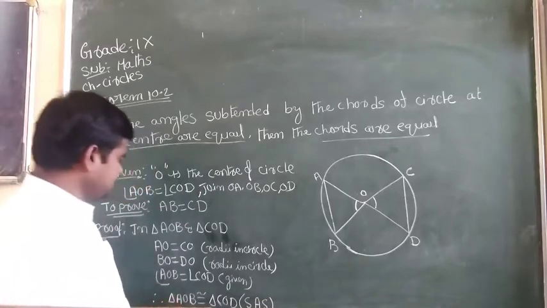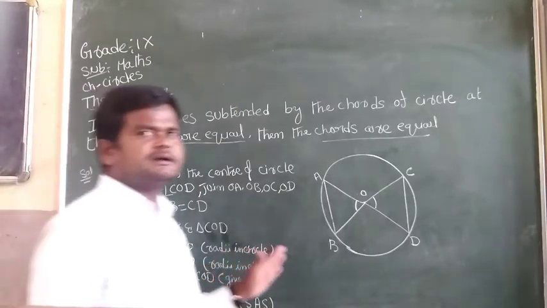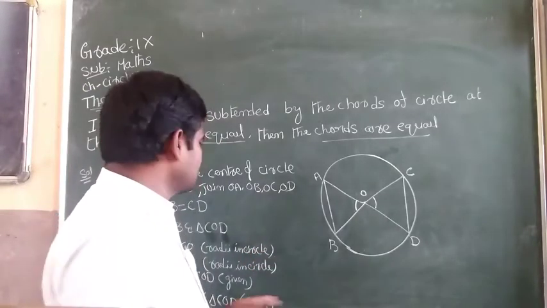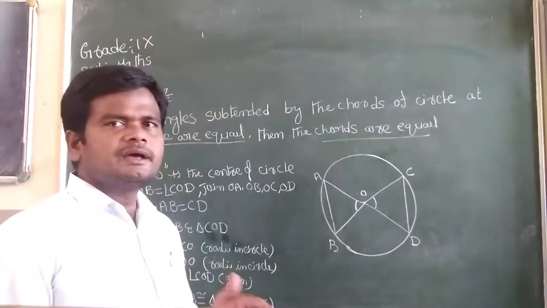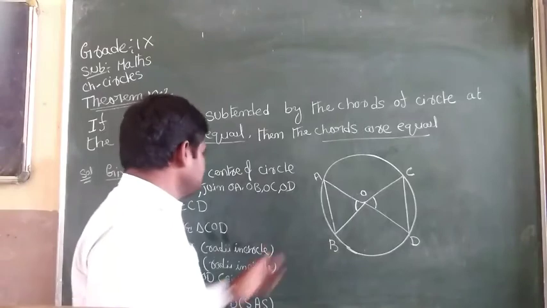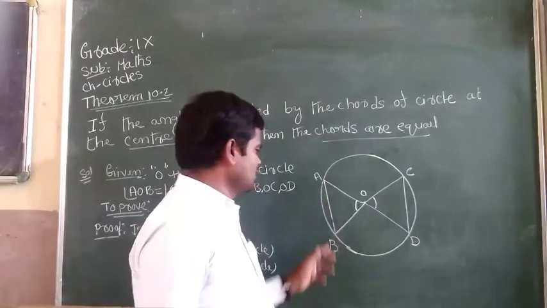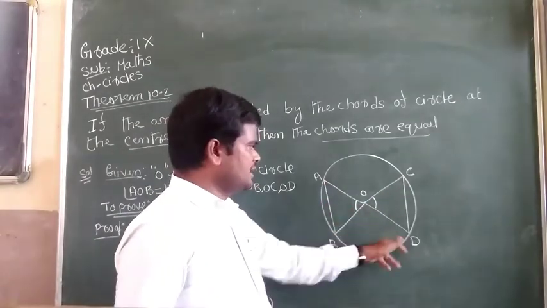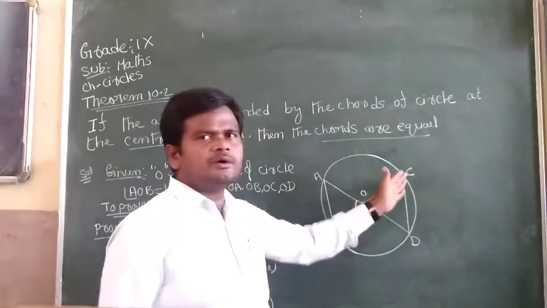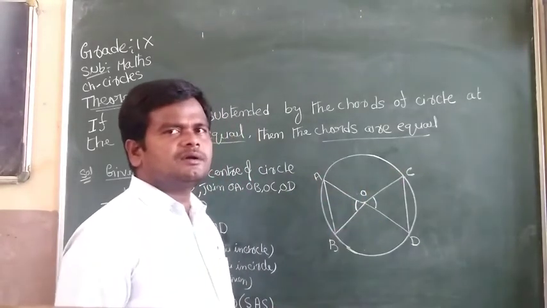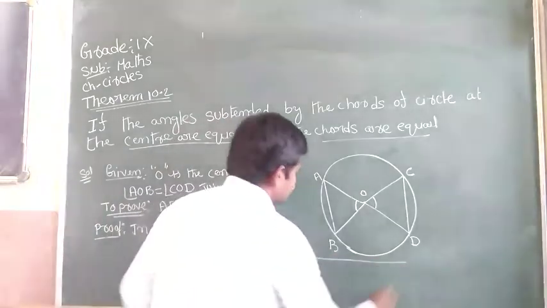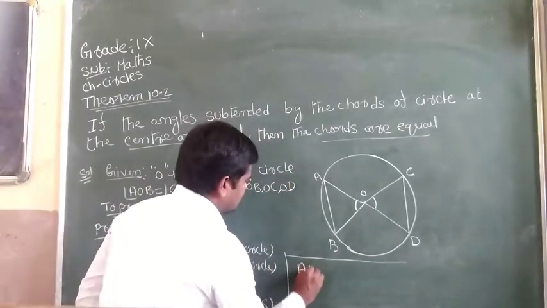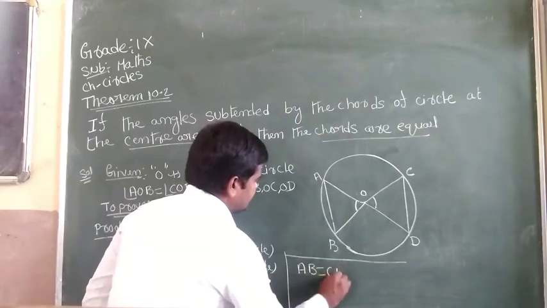When these two triangles are congruent, the corresponding sides are also equal. The corresponding sides are AO, CO, OB, OD, and the other side AB equals CD.